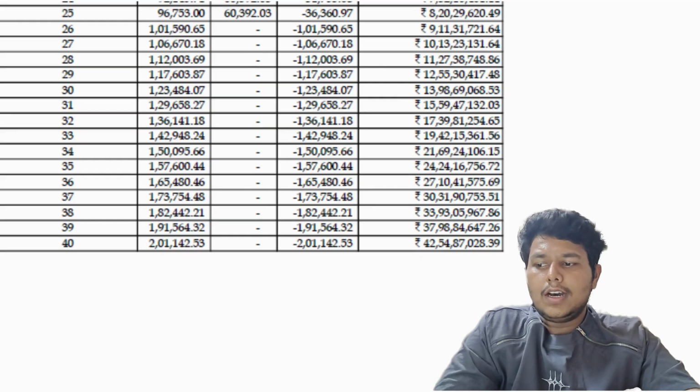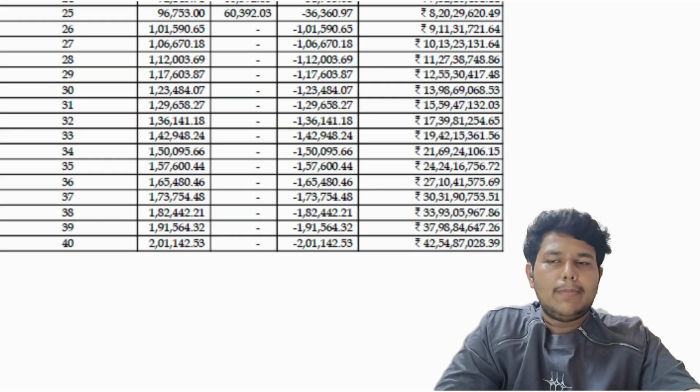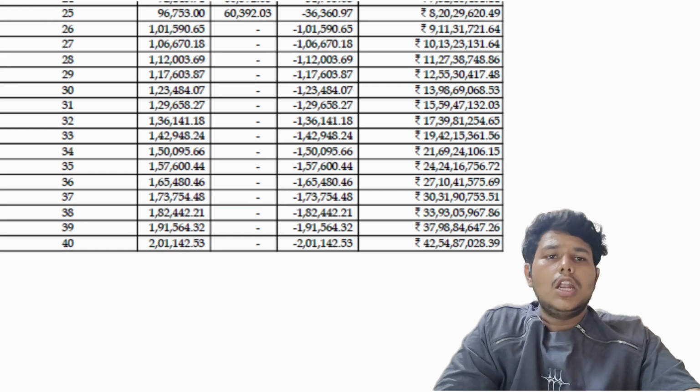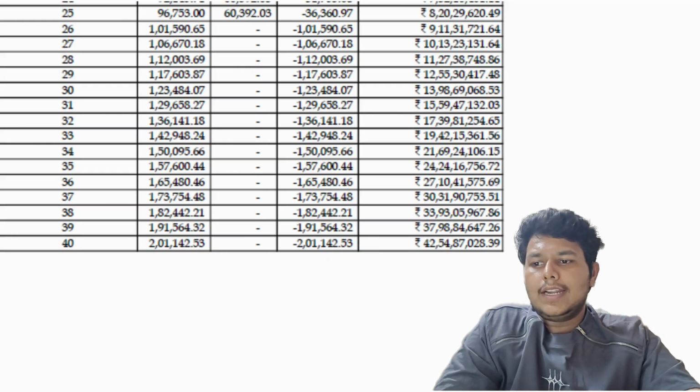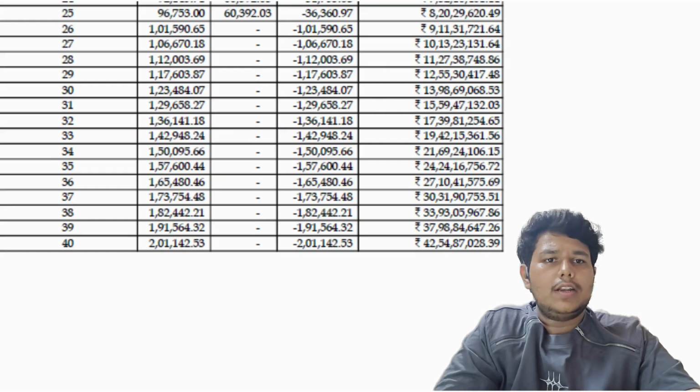So from the 26th year till the 40th year, you will see there is no EMI payments but only the corpus. Now if you switch to 30 years, this table will automatically change itself and get to the 30 years calculation. Now that is how you see the amounts are growing rapidly or decreasing.